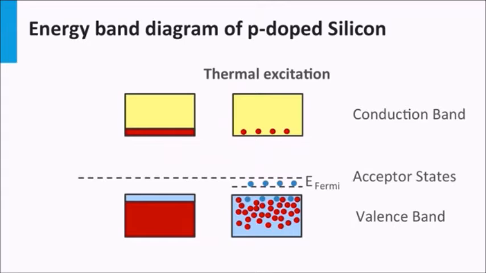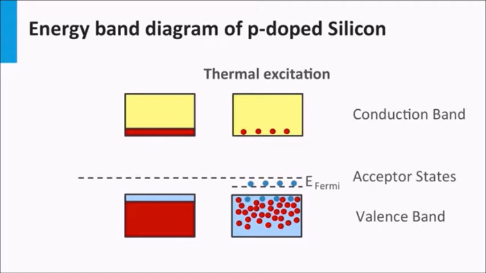P-doping of silicon can be illustrated by an electronic band diagram as well. The boron atoms result in acceptor states. These acceptor states have an energy level within the forbidden bandgap of the silicon matrix, and the acceptor states can be occupied by electrons. The energy level of the acceptor states is closer to the valence band than to the conduction band. This means that it requires much less energy for an electron to jump from the valence band to the acceptor state than to the conduction band.